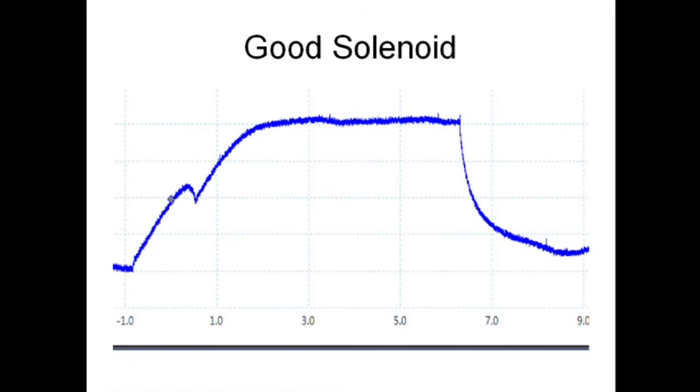Here's a good solenoid with a defined opening point. Keep in mind how many components on the vehicle are going to utilize some sort of a solenoid, fuel injectors. It's very valuable.